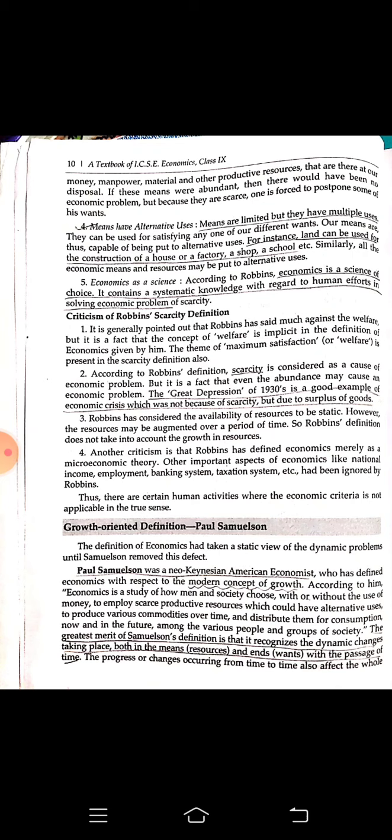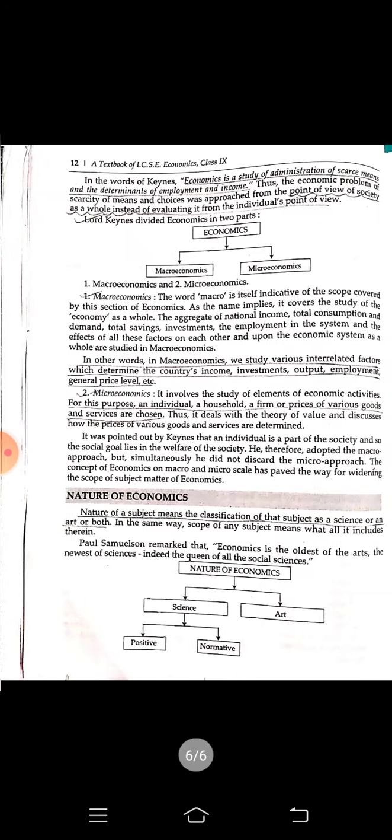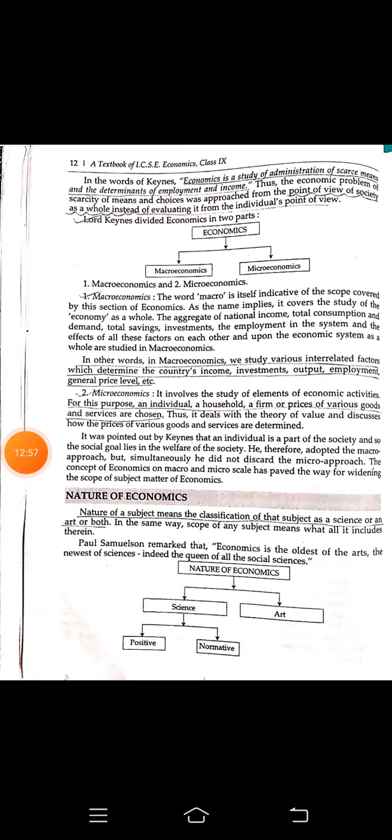Now J.M. Keynes. Keynes has divided economics broadly into two categories. As you can see in this picture, Lord Keynes has divided economics into two broad aspects. One is macroeconomics, the other is microeconomics. From the term itself, you can understand micro means small.